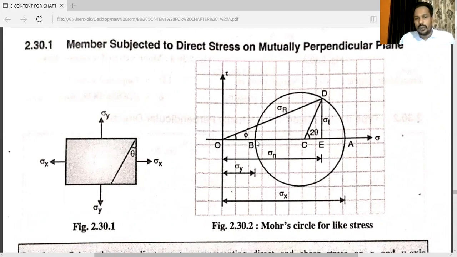Now we have the distance from A to B. You have to bisect AB and take the center point of AB, that is C. After getting C, take a radius equal to AC, or you can take radius CB, and draw the circle. Now we have the circle.